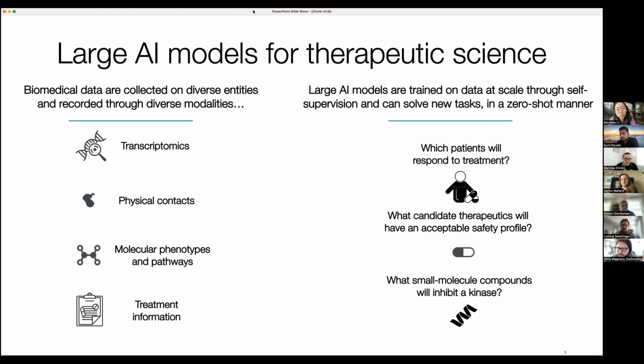And we often want those models to solve tasks in a zero-shot manner, meaning that it can answer questions such as those listed here on the right part of the slide without having access to large or even any labeled data point for that task.